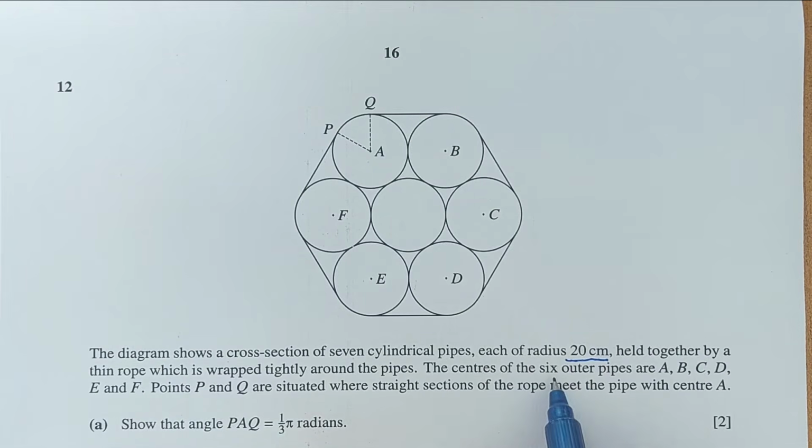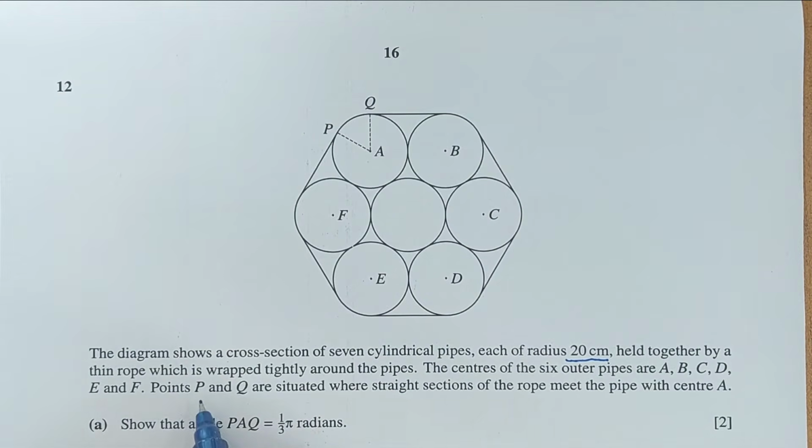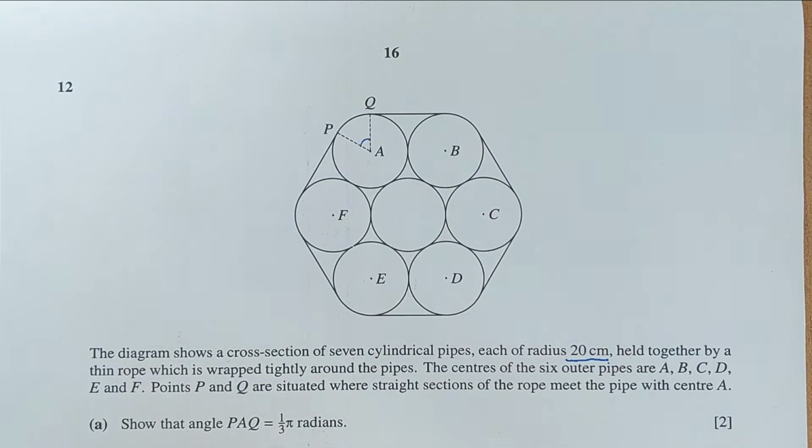The centers of the 6 outer pipes are A, B, C, D, E and F. So for the 6 outer pipes we have been given the centers. Points P and Q are situated where straight sections of rope meet the pipe with center A, P and Q. Okay. Now for part A, show that the angle PAQ, this angle we have to find.